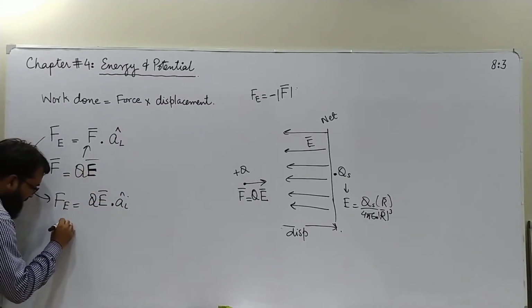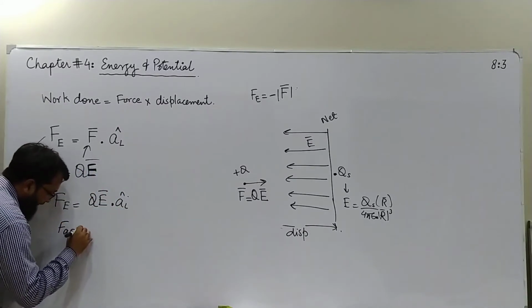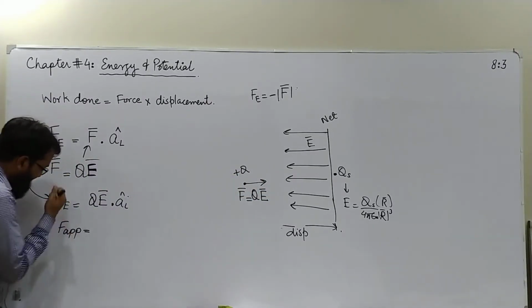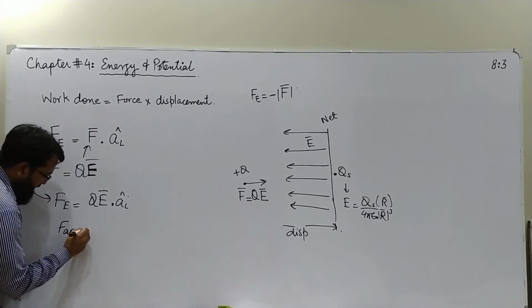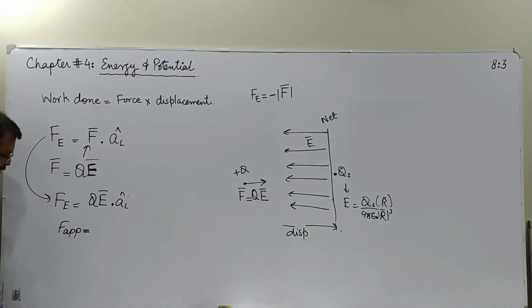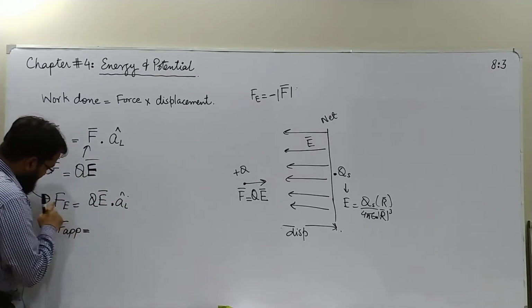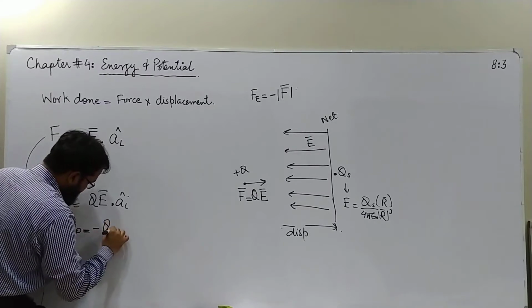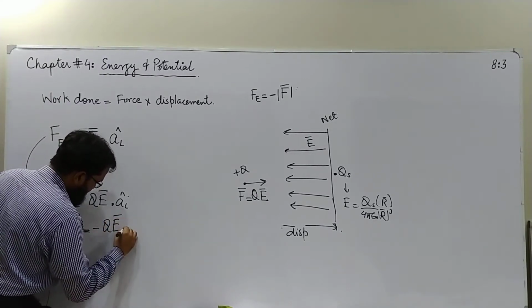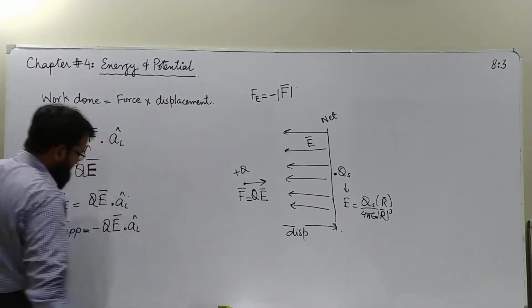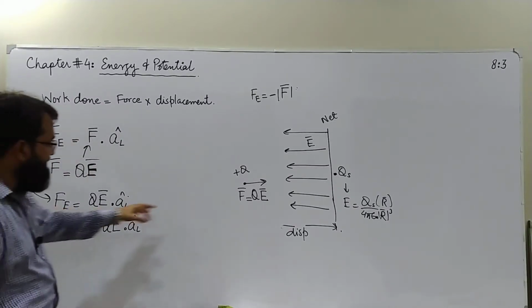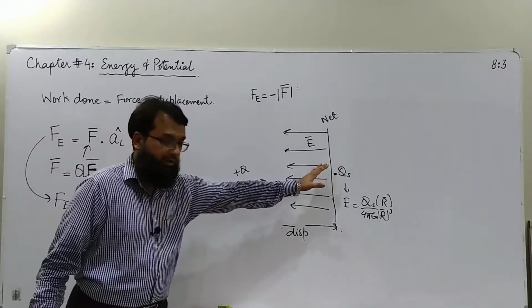So the magnitude of force which I'll have to apply should be at least equal to the force which I'm experiencing, only then I'll be able to move it. So this should be the force which I should apply to overcome the force which I am experiencing due to this field.